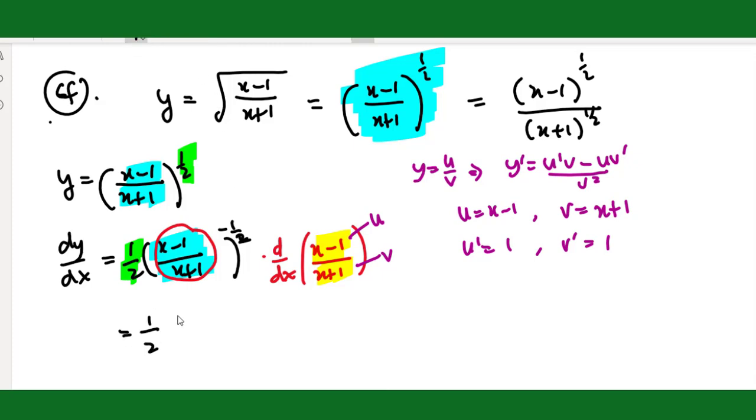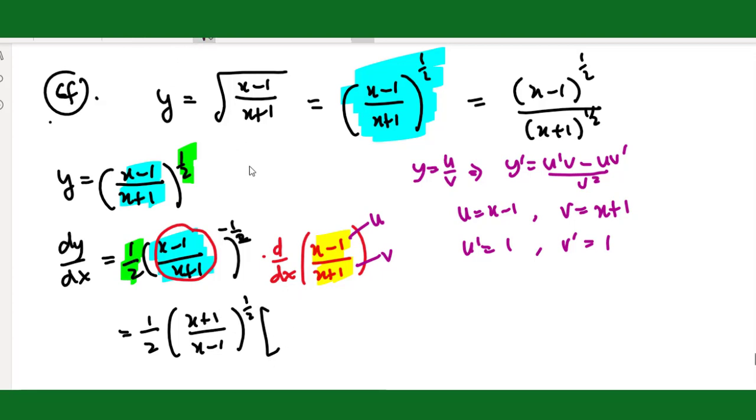Rewrite. Actually can I write it like this? x plus 1 over x minus 1, power half. Don't ignore it because of the negative, right? I just flip that one over.